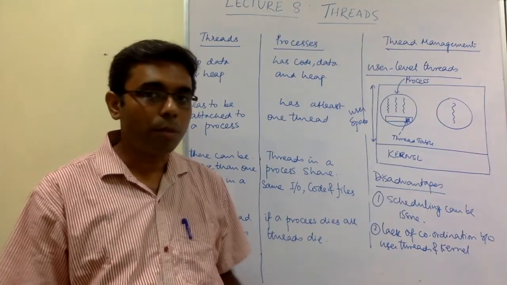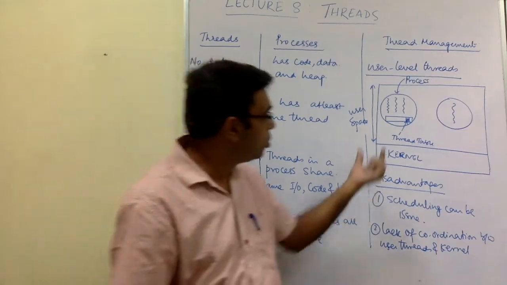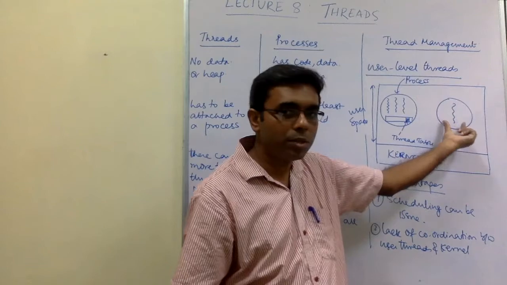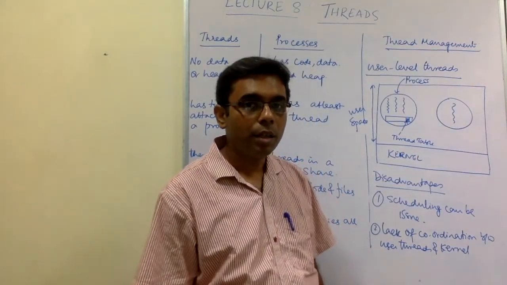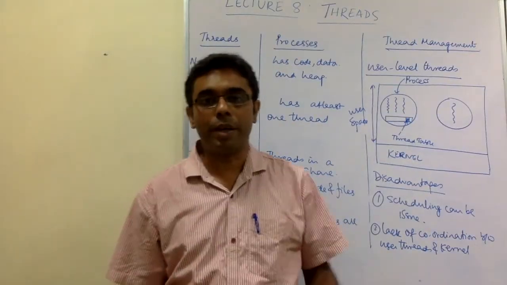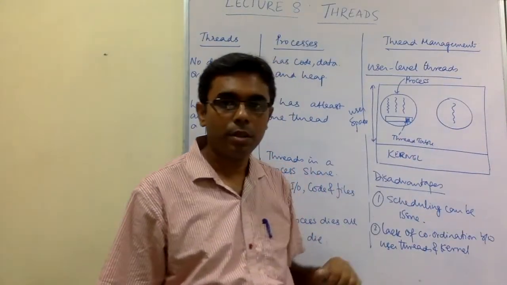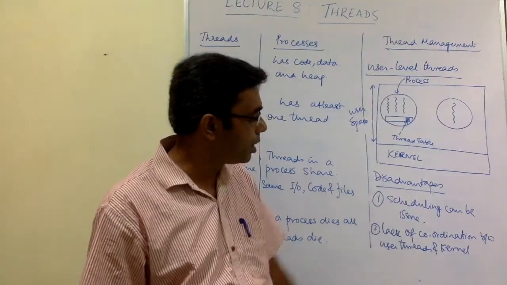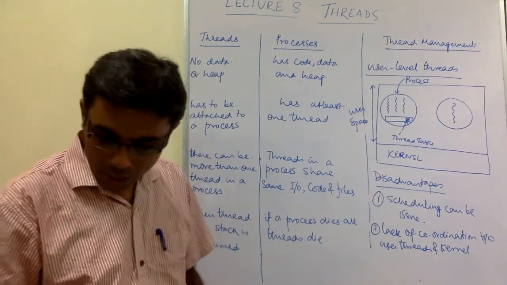A better approach would have been to give a bigger time slice to the process with more threads and a lesser time slice to the process with fewer threads. But since the kernel is unaware of that, this is the lack of coordination between the threads and the kernel. That's the problem.